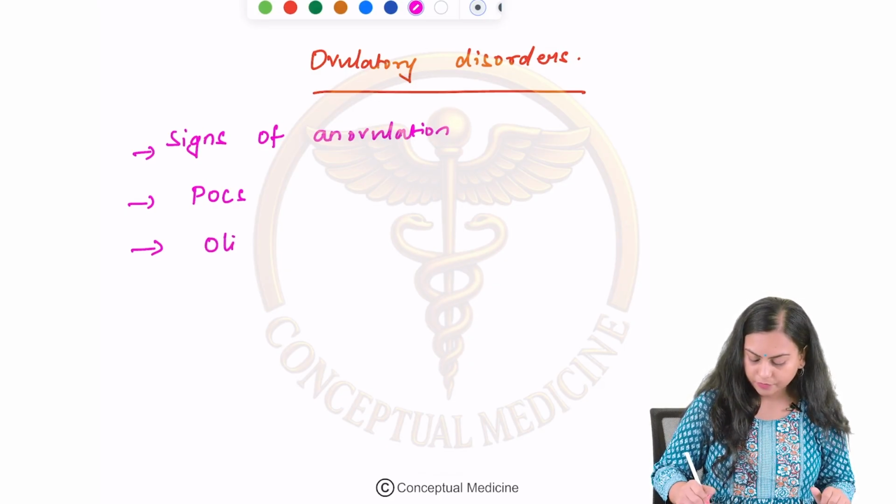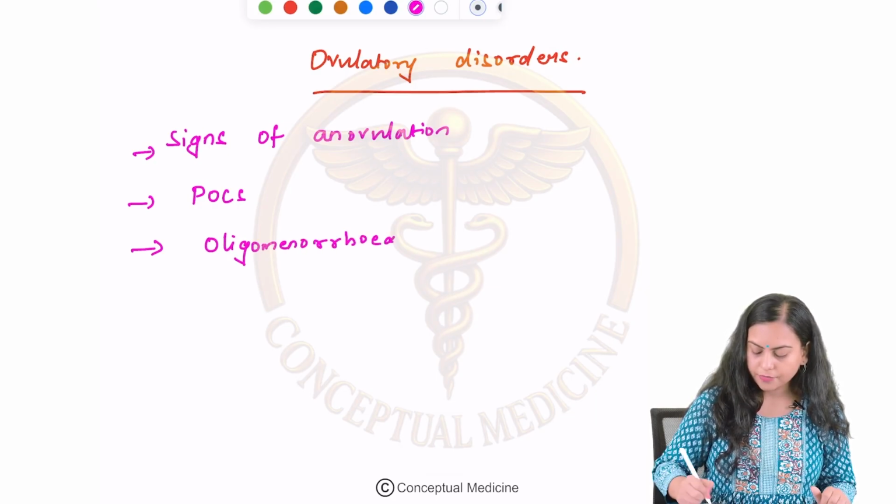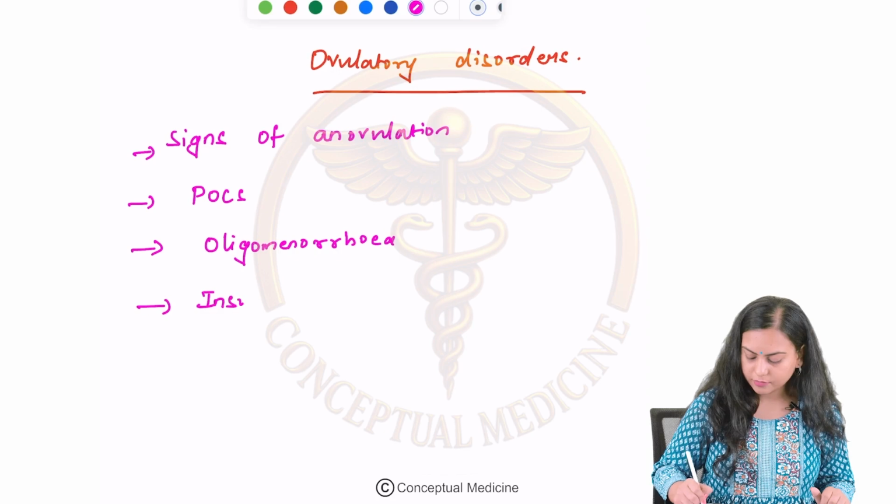There can be oligomenorrhea or insulin resistance.